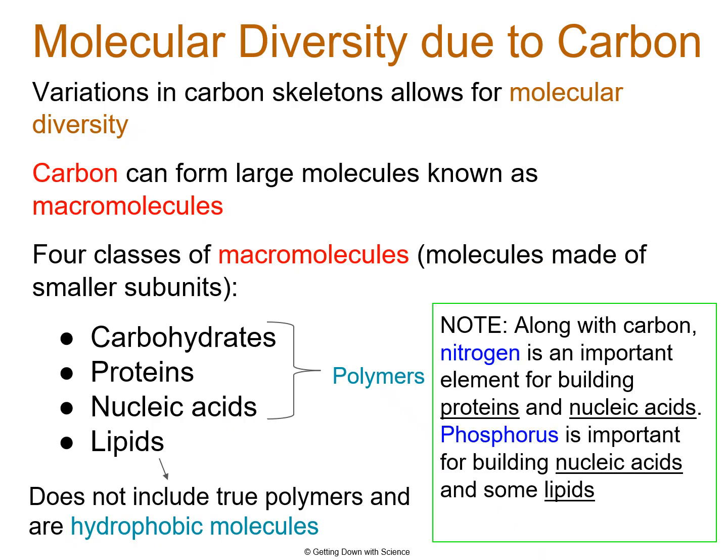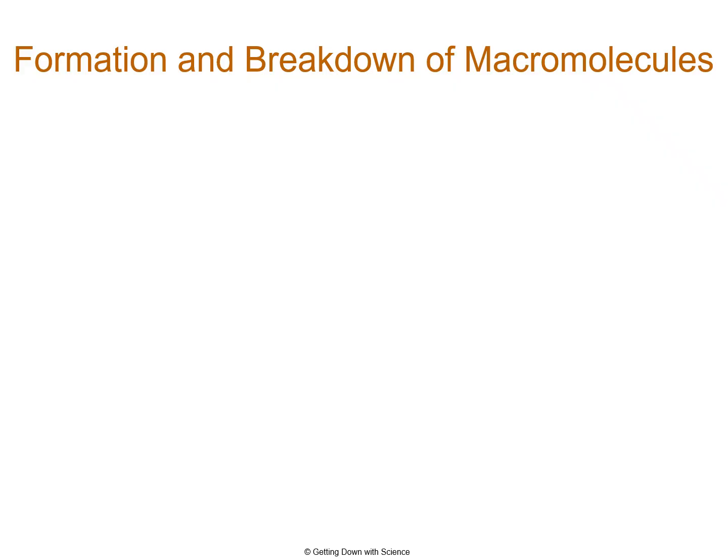Note, along with carbon, nitrogen is an important element for proteins and nucleic acids, and phosphorus is important for nucleic acids and some lipids. So once again, CHNOPS: carbon, hydrogen, oxygen, nitrogen, phosphorus, and sulfur are our elements that are important to life.